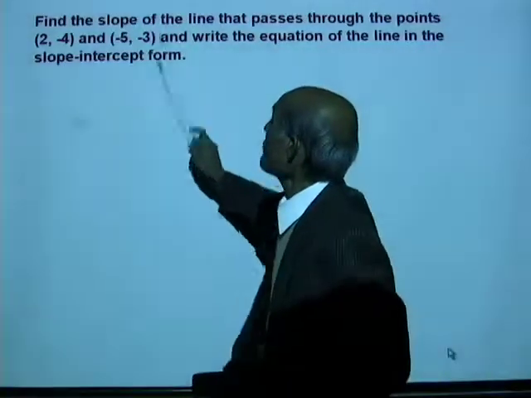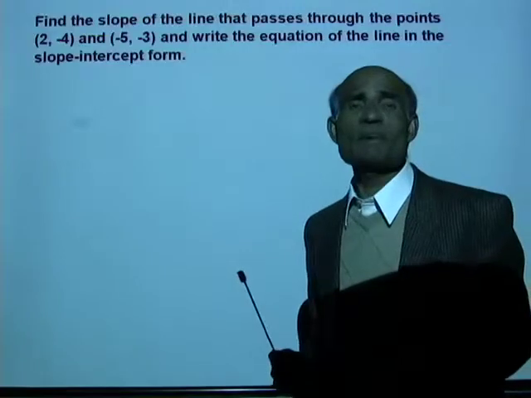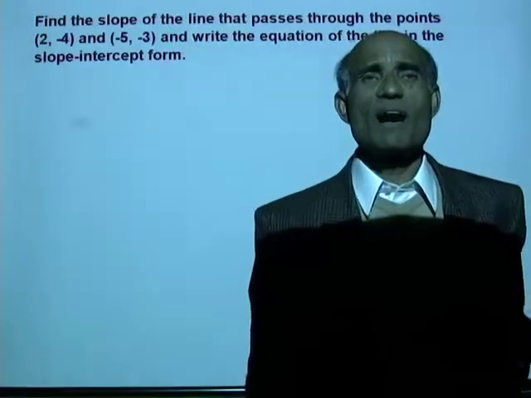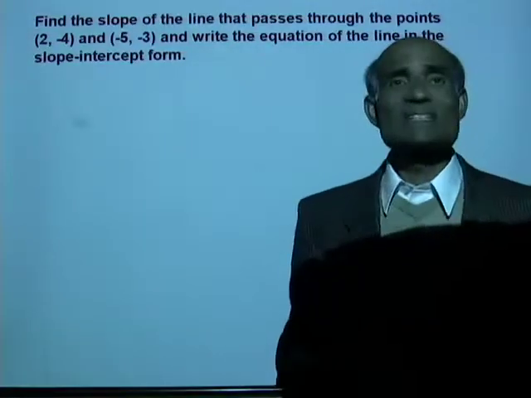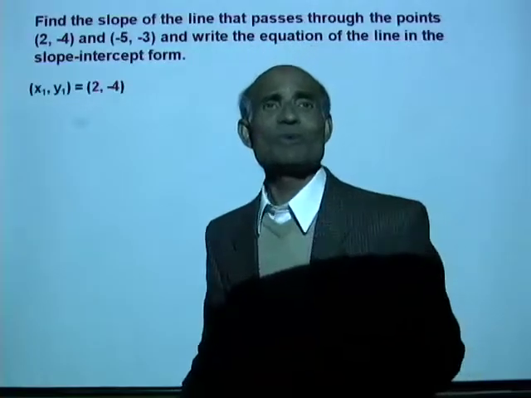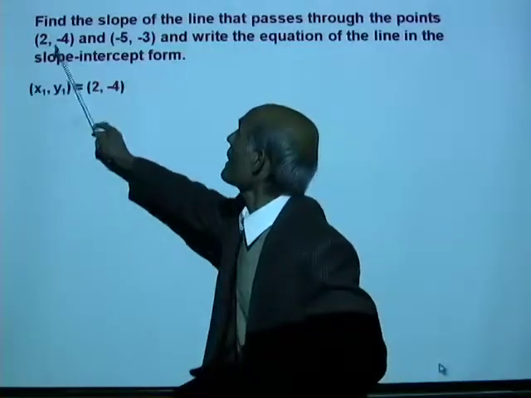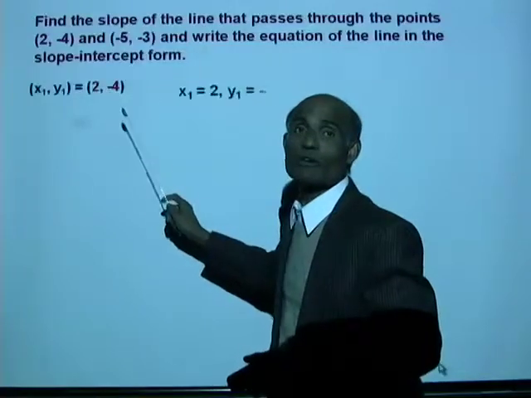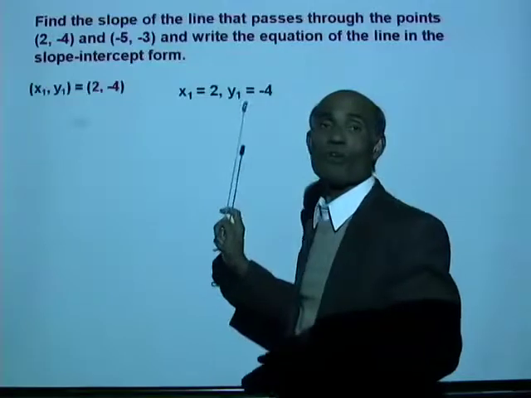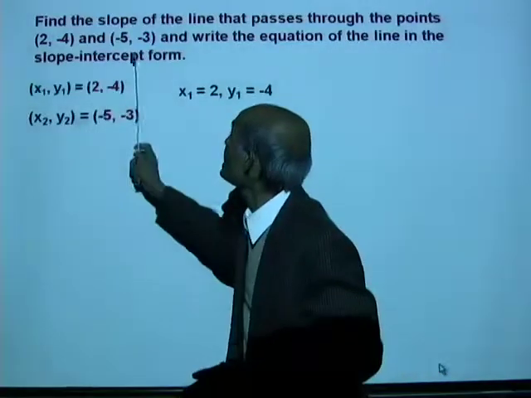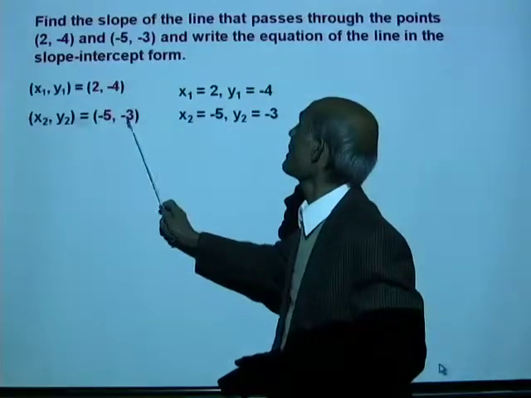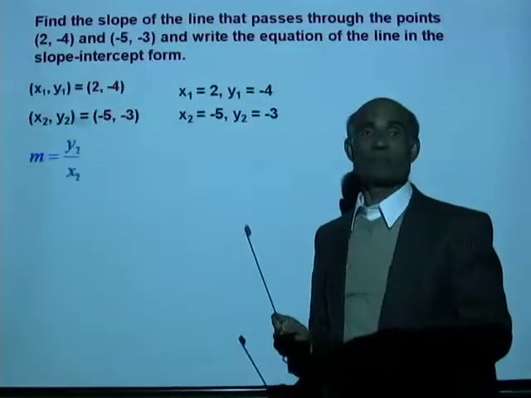Now, another one which is of the same type, so I'm not really going to spend a lot of time on it. I want you to look at this, take time and do this on your own. On a second thought, I will quickly go through it with you. x1, y1 is 2, -4. That means x1 equal to 2, y1 equal to -4. x2, y2 is -5, -3, which means x2 equal to -5, y2 equal to -3.